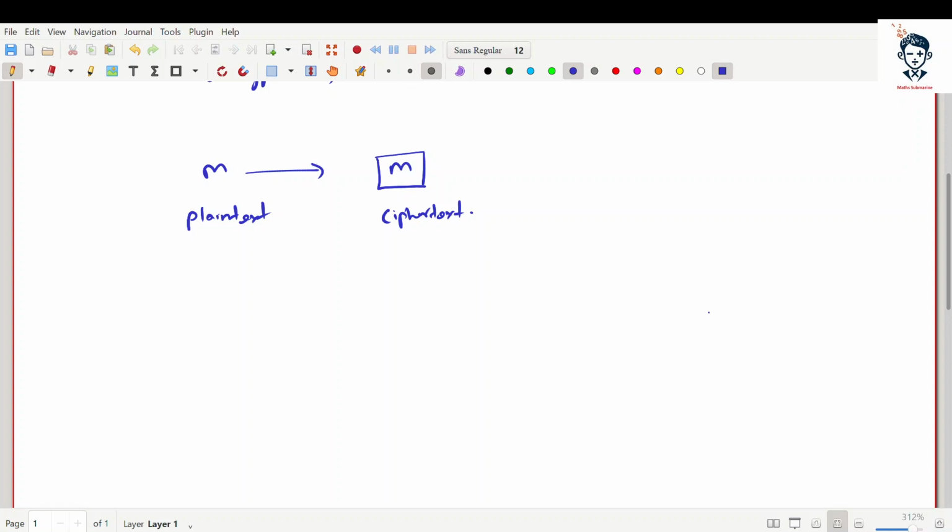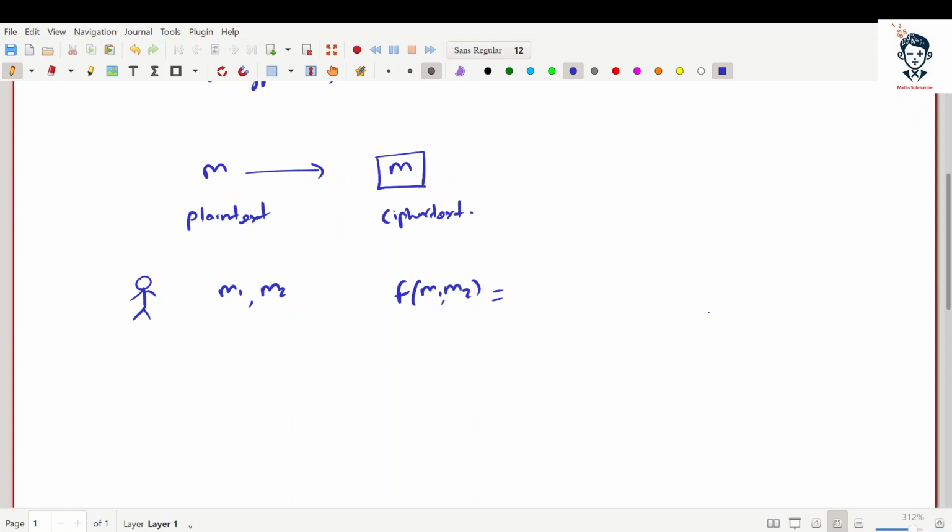Now suppose there is a boy who has some messages, say M1, M2. He has two messages, and he wants to do some operation on them, some function f of M1, M2, which would be very computationally hard for him to compute.